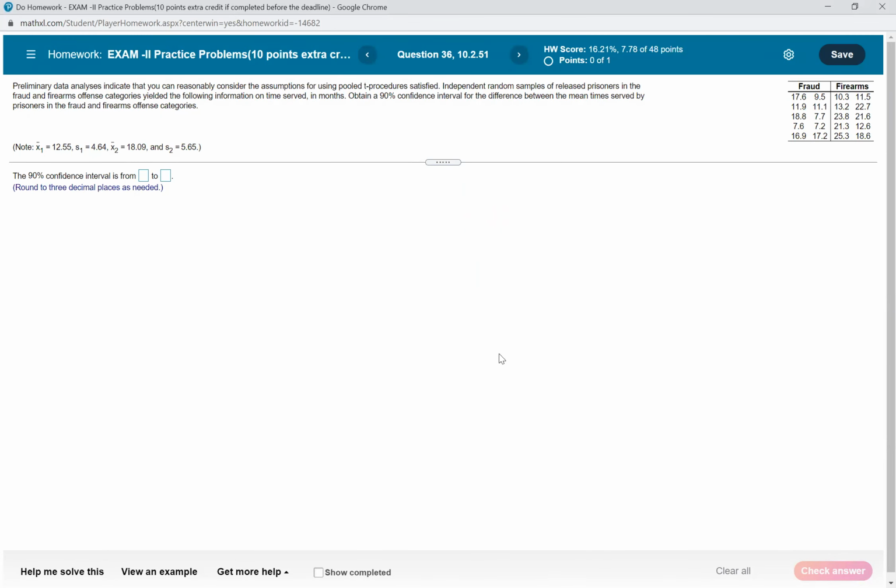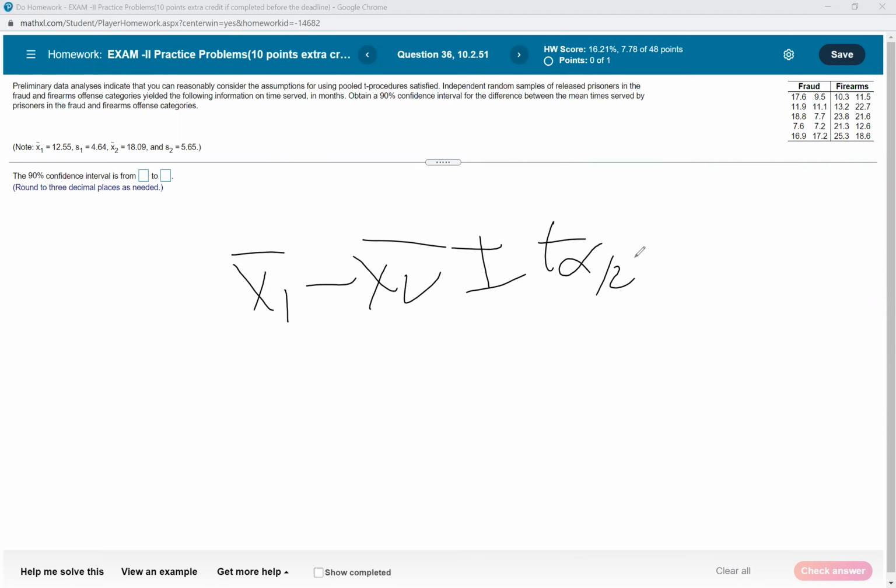So here we are also given x1 bar, x2 bar, which indicates that there is an assumption for using pooled t. So here we can also use the pooled t interval. The formula is x1 bar minus x2 bar plus or minus t alpha over 2 times Sp times the square root of 1 over n1 plus 1 over n2. Yeah, this is a very simple formula.